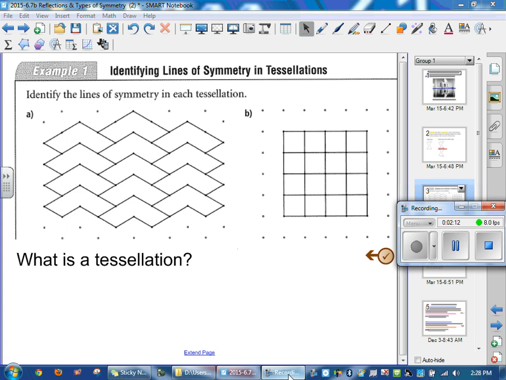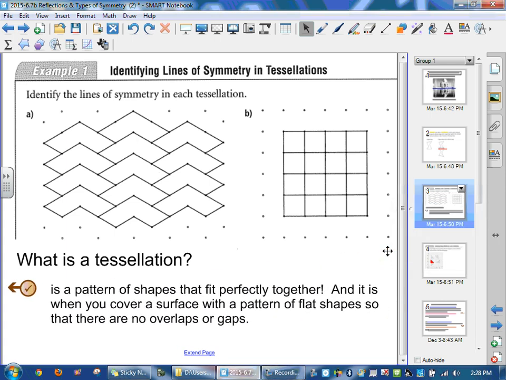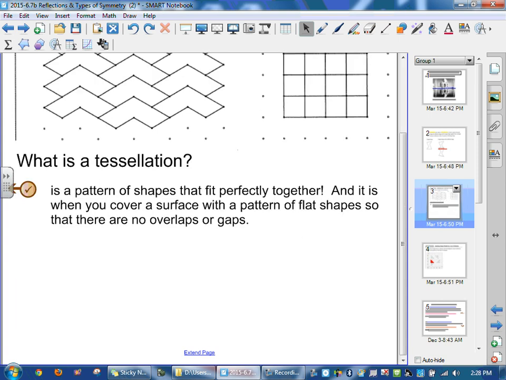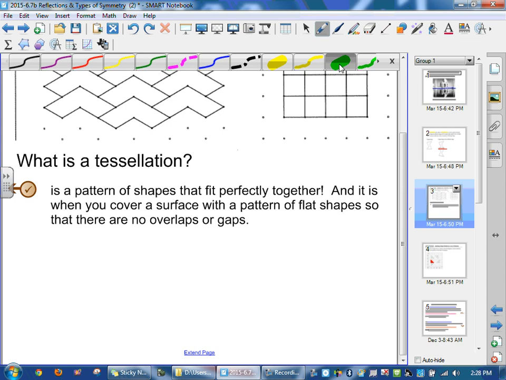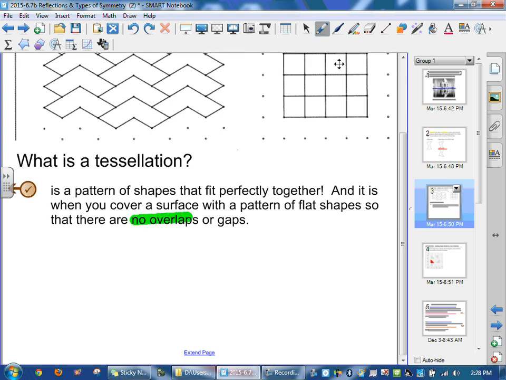Well, it forms a pattern, obviously, right? So let's see what it tells us a tessellation is. It's a pattern of shapes that fit perfectly together. So it's when you cover a surface with a pattern of flat shapes so that there's no overlaps and no gaps. That's important. So there's no overlaps and no gaps.